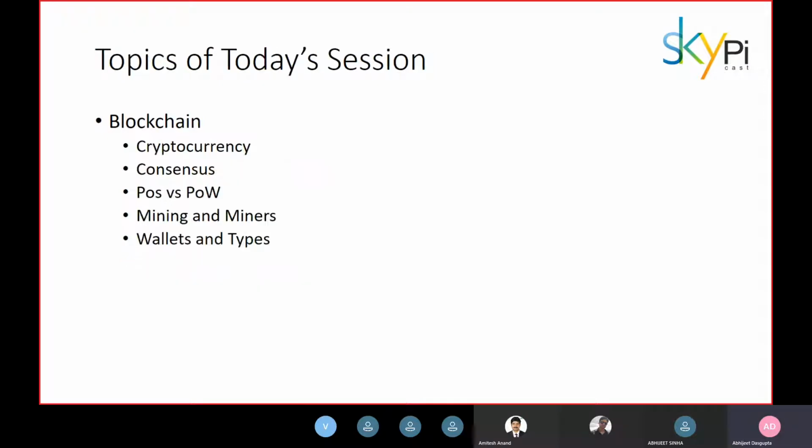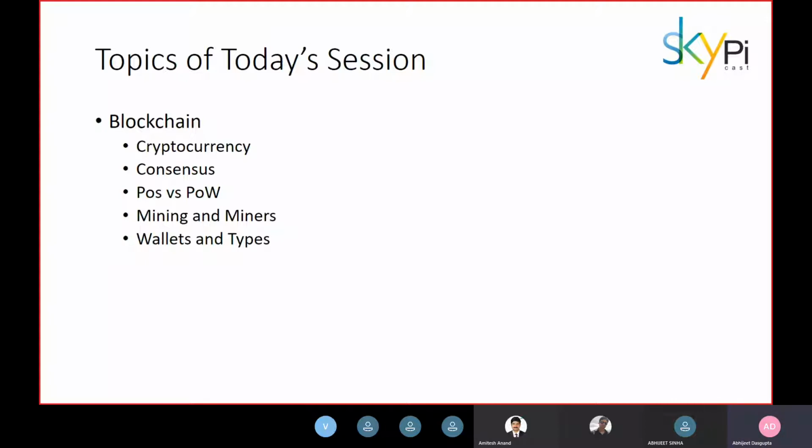In today's discussion, we will be talking about the concepts of cryptocurrency, what consensus algorithms are, what problems they solve and how they solve those. We will also be discussing some consensus algorithms like proof of stake and proof of work.